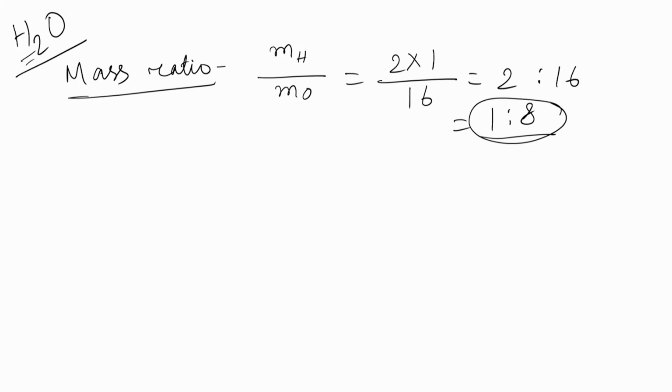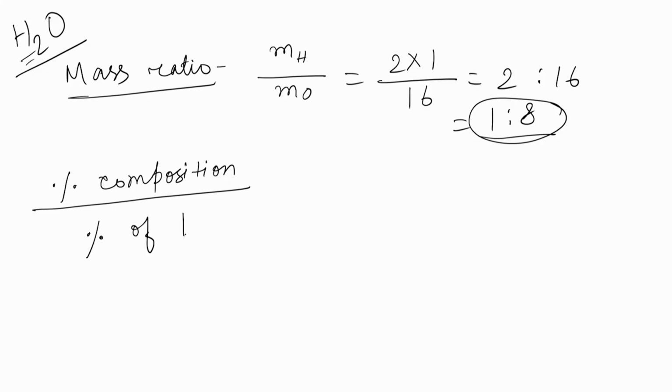Now let's see the percentage composition. Percentage of hydrogen. So 2 hydrogen here. The mass of 1 hydrogen atom is 1.